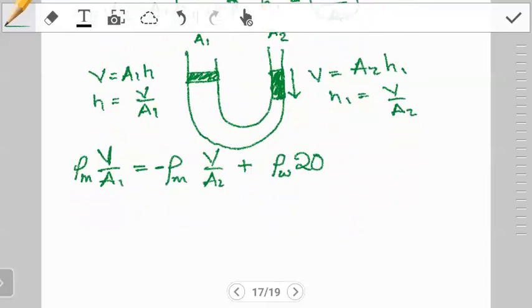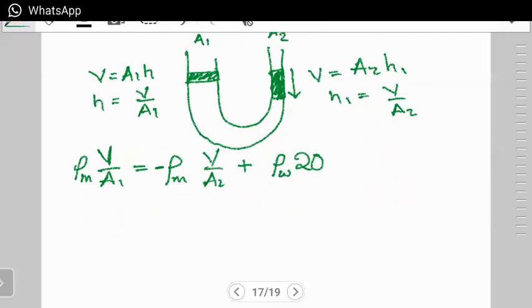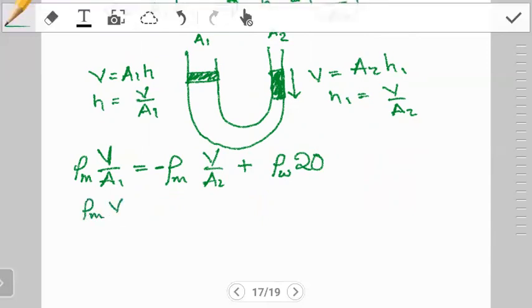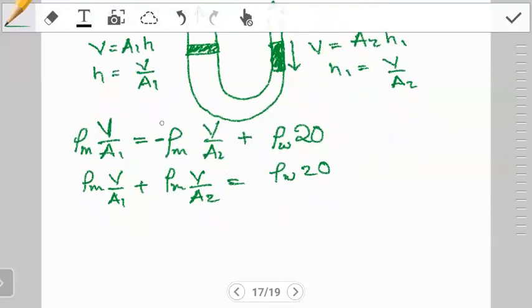Okay, so from here now, all we have to do is to work out this expression for volume, group the like terms, perform your substitution. So we basically have rho mercury V over A1 plus rho mercury V over A2 is equal to rho water 20. So just move this term to the left-hand side.